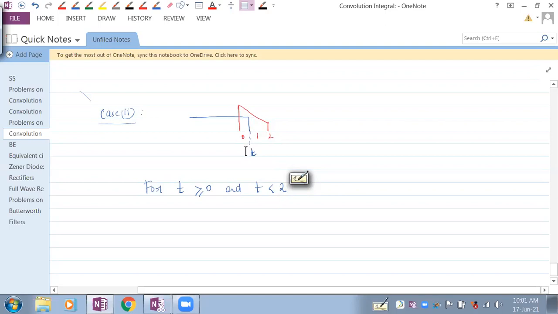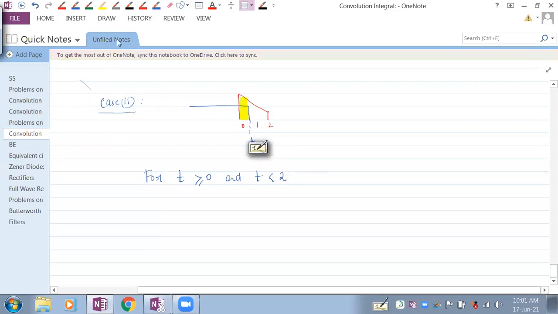Fine. So what is the overlapping range there? This is the range from 0 to t. Right? So let's write that now. This is for t greater than or equal to 0 and less than 2.